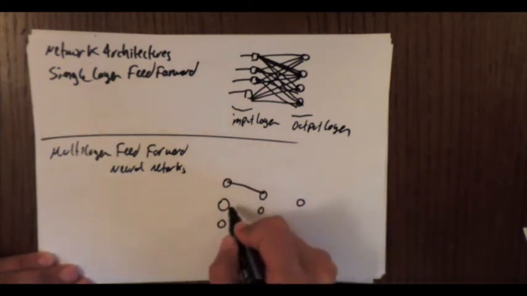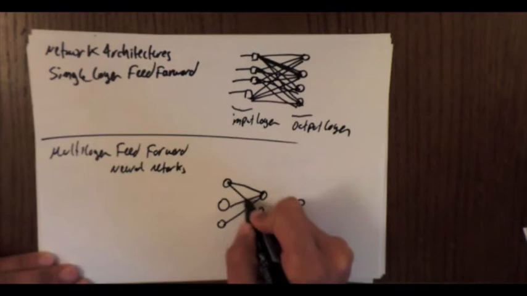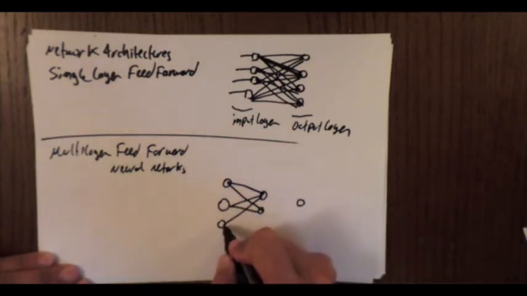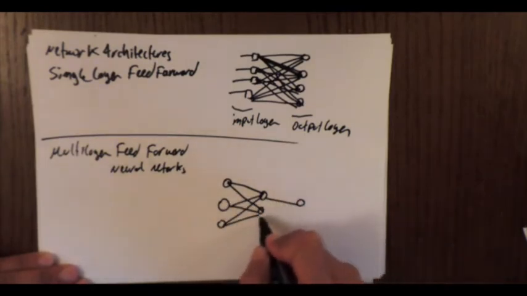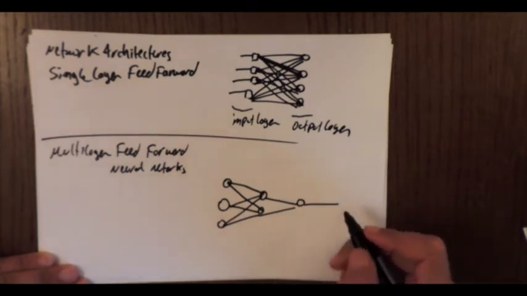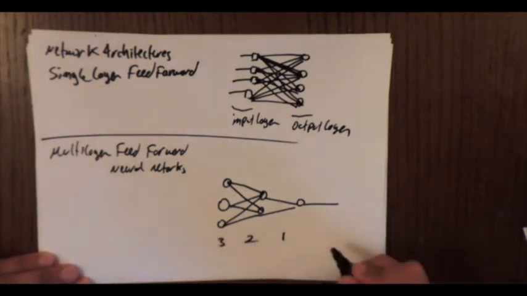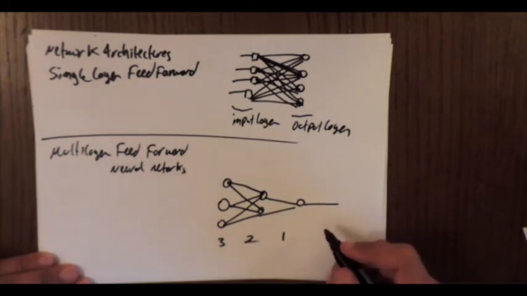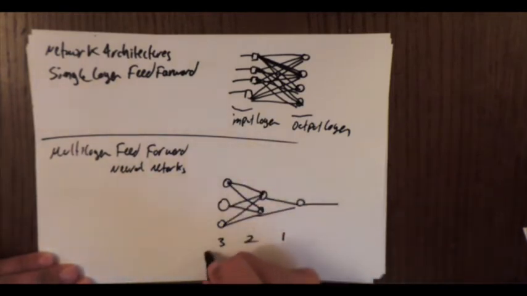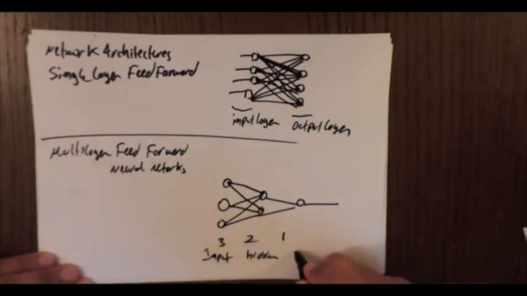Each node is actually connected to all the neurons in the next layer. So here we have a 3-2-1 neural network. We have 3 nodes in the input layer, 2 nodes in the hidden layer, and 1 node in the output layer.